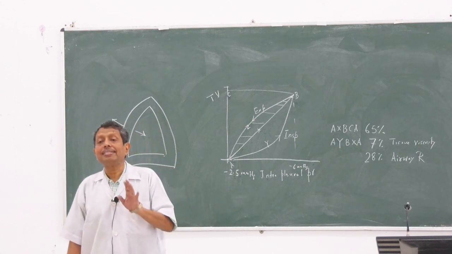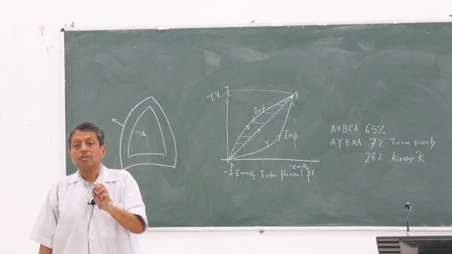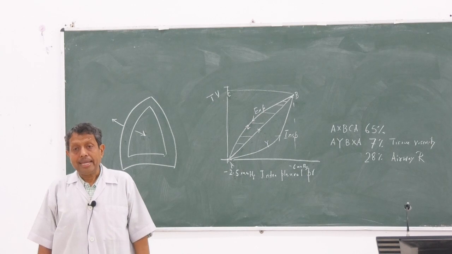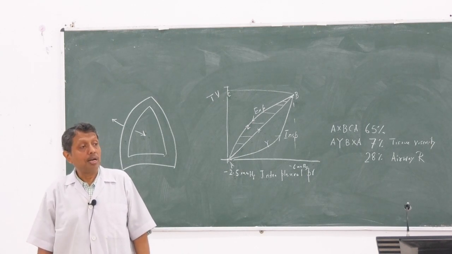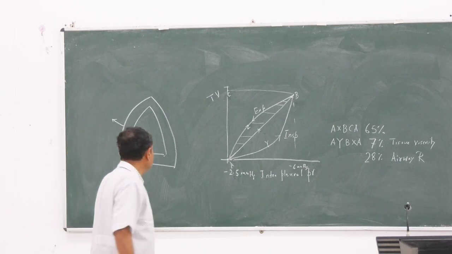Suppose whenever there is development of pneumothorax, air enters into the pleural cavity. Then what occurs?